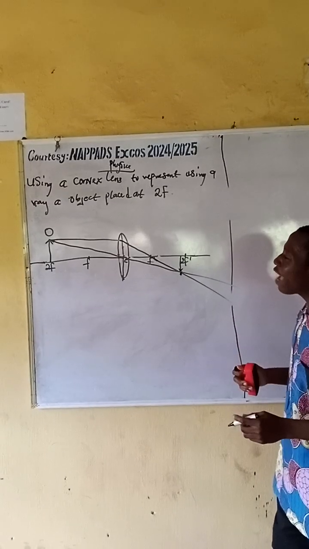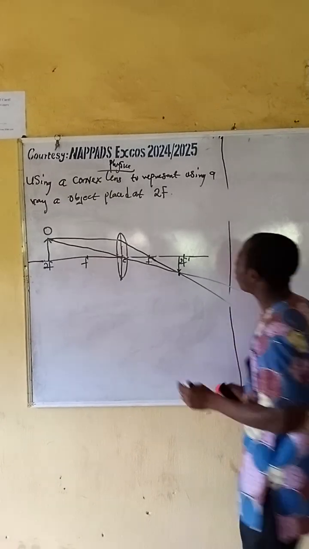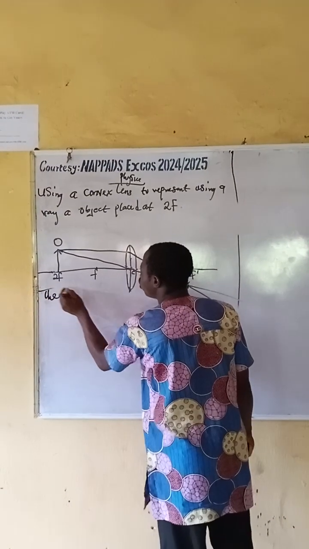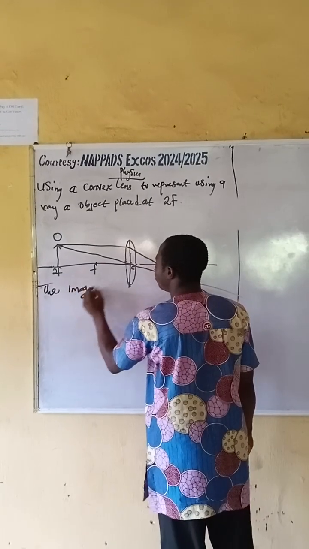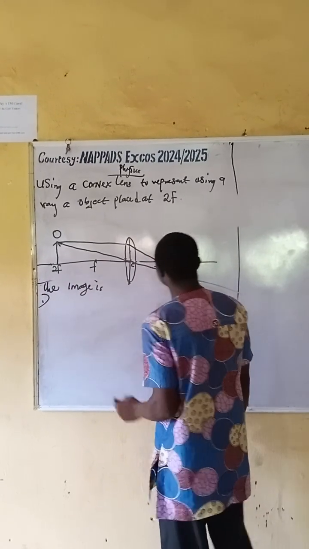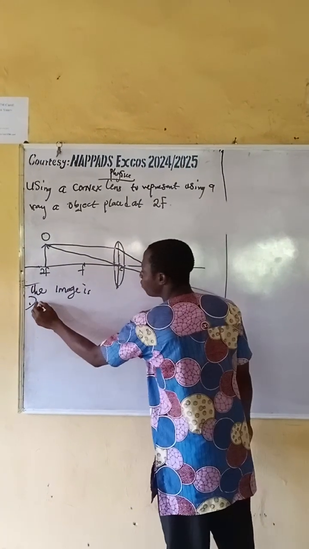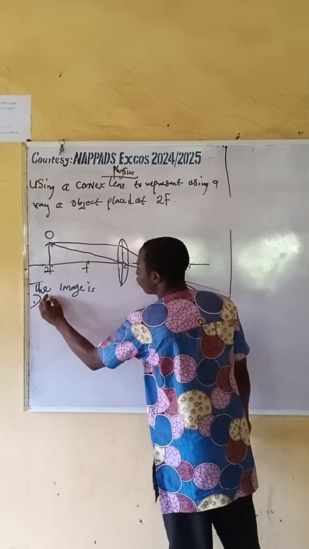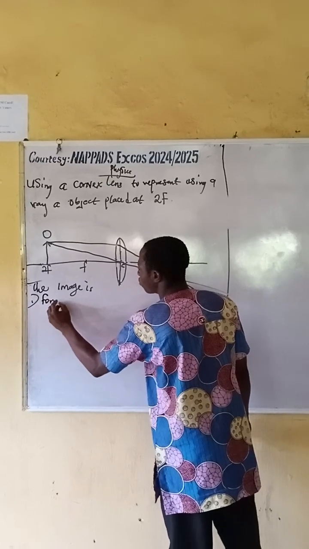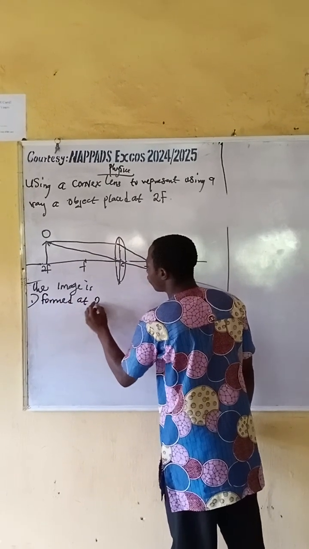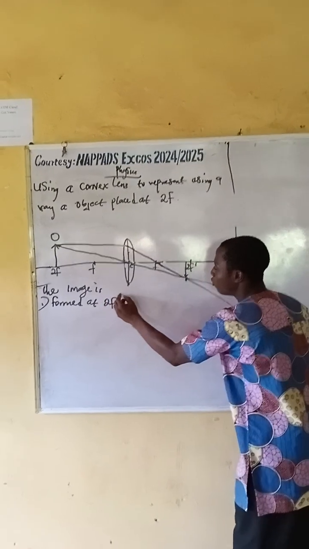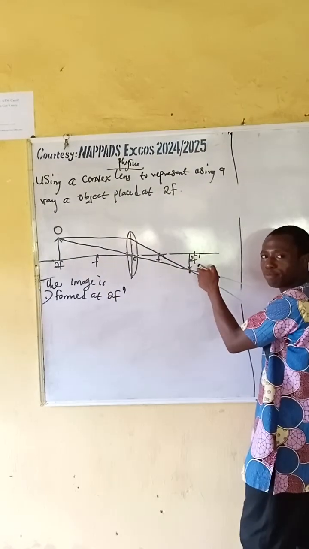So when they ask you to tell them the properties of this image, number one: the image is formed at 2F prime. The image is formed here.